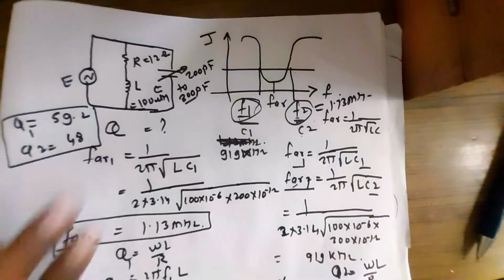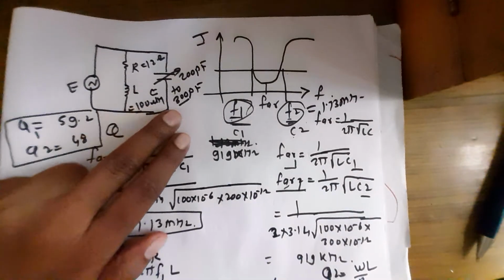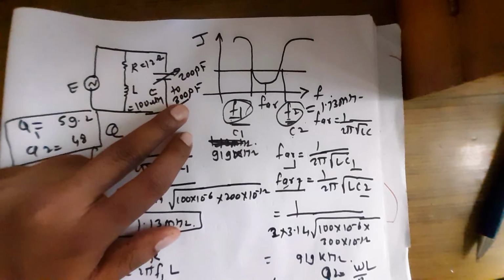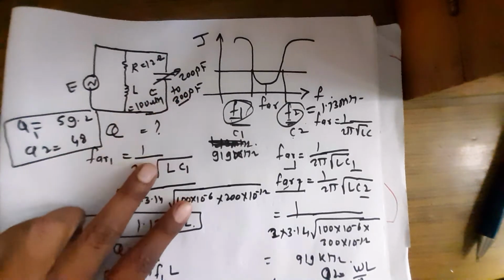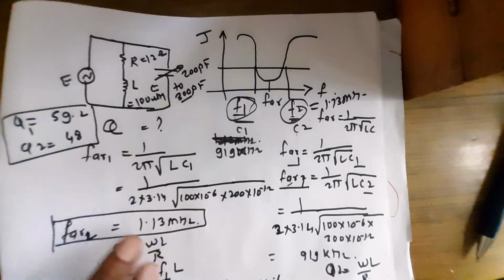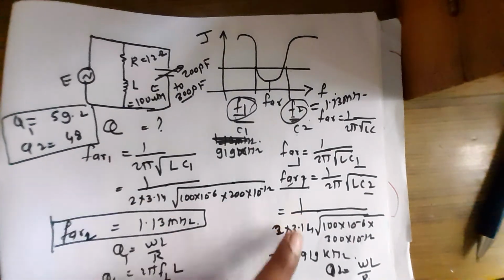So afterwards we will also see one problem on parallel resonance. Here the R, L and C are in parallel. So C is variable, that is 200 picofarad to 300 picofarad. So for these two values of C we have to find out the values of FAR1 and FAR2.